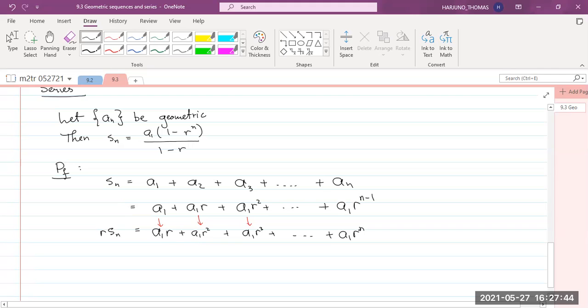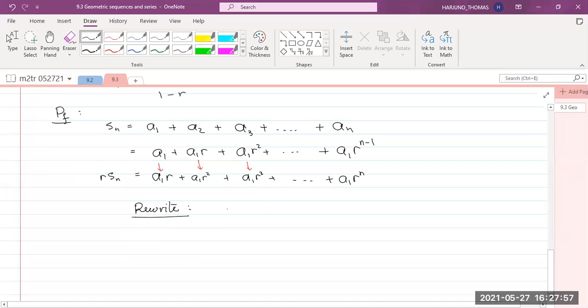Okay, now let me rewrite this, but I try to rewrite it in a sneaky way, in a smart way. The nth partial sum of the geometric sequence is first term, first term times r, first term times r squared, all the way to first term times r to the n minus 1.